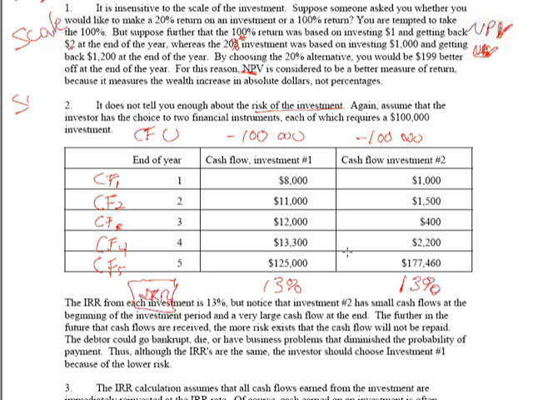Well, one of the tenets of finance is that we prefer to get investment dollars earlier rather than later. Again, because receiving money further out into the future is more risky.